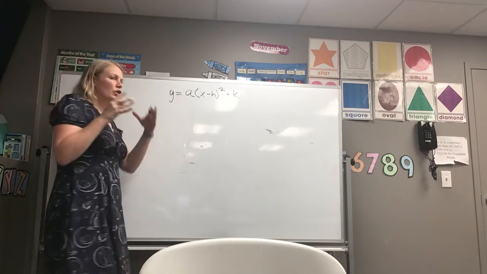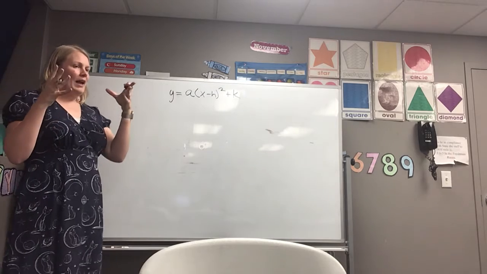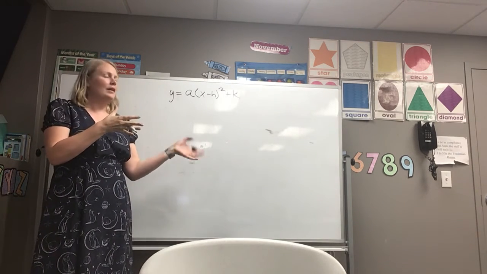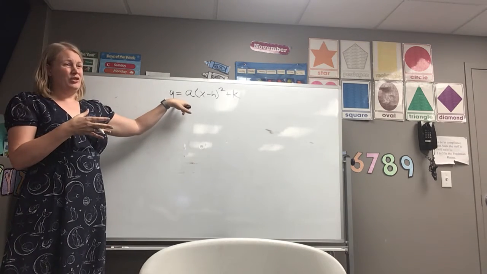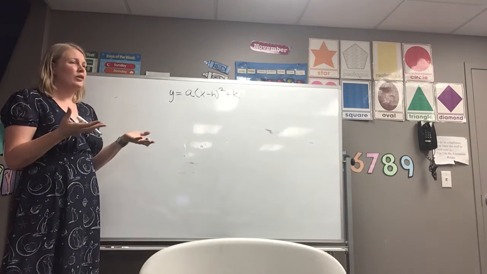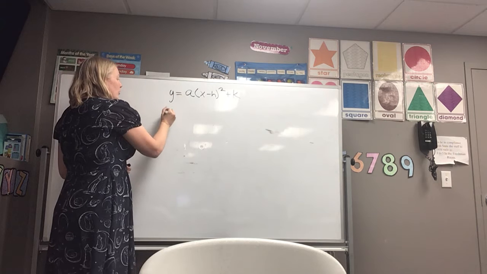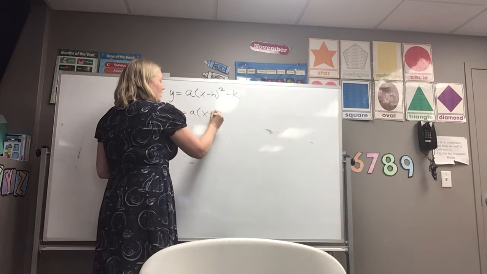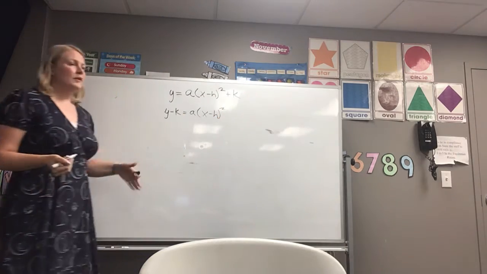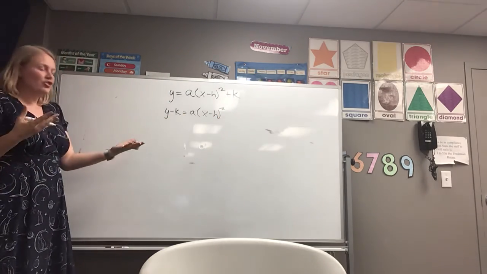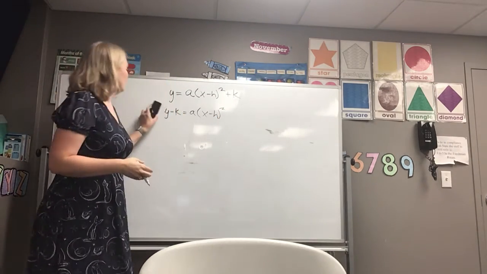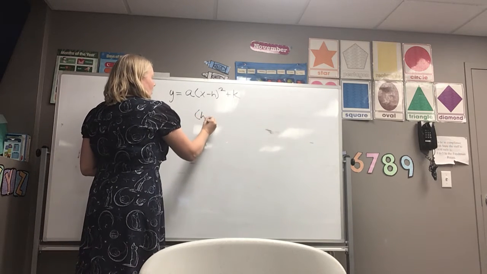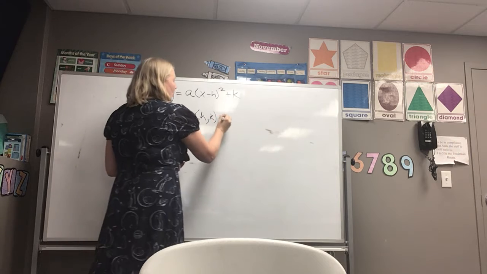And you knew in the ellipse that we had x minus h and we had y minus k. That's going on here too. They just shifted over for the sake of the function. Traditionally, this would be y minus k equals a x minus h squared. And so it's still going on, it's just changed slightly differently. But h and k are our vertex.